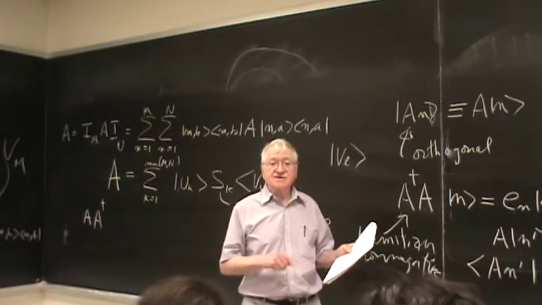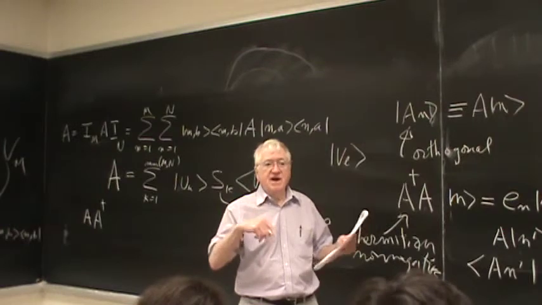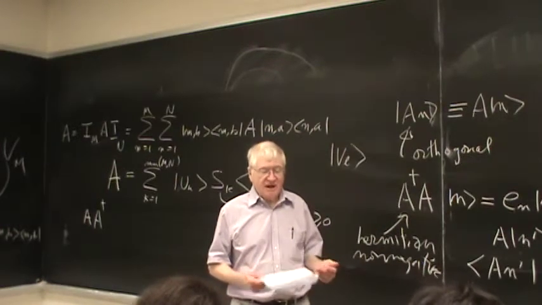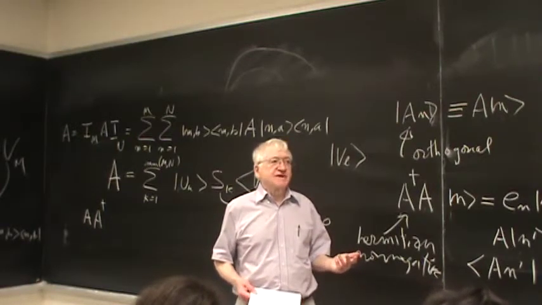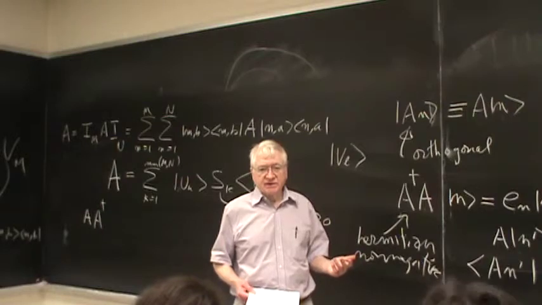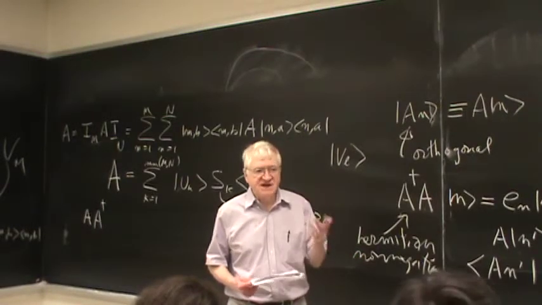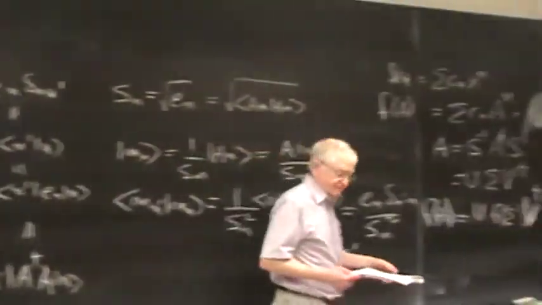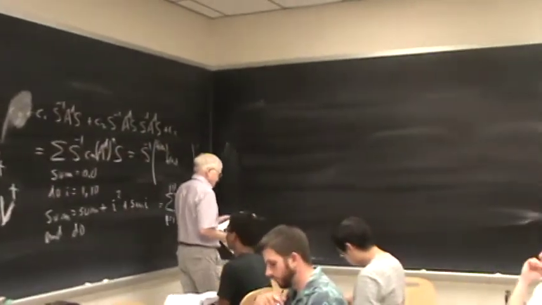Just take x prime star x in MATLAB, and you'll get a 3 by 3 matrix, and it'll be real. But then you can do eig of that, and you'll see the eigenvalues are all non-negative.